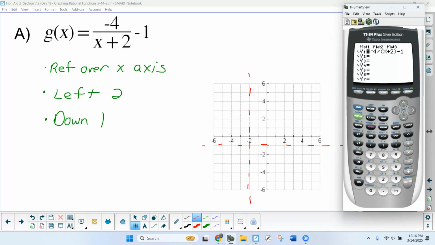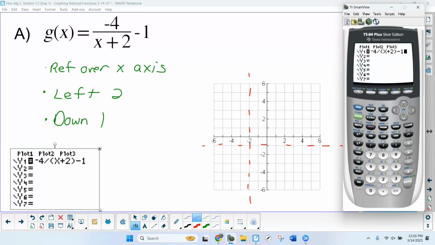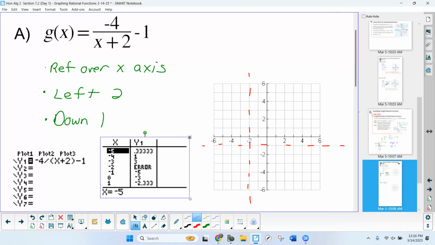All right. So here's how we enter it. And now when I graph it, because I already went to Zoom 6, it's there. Looks pretty good. Let's take a look at the table. Let's go 3 points to the right of the asymptote and 3 points to the left. At -5, I am at positive 0.3. At -4, I'm at 0.1.